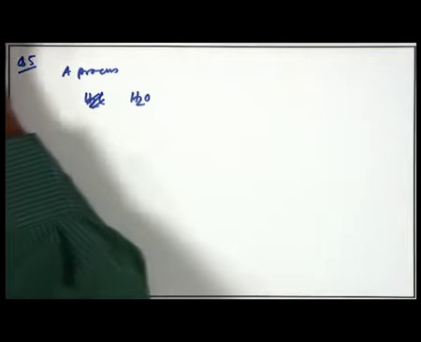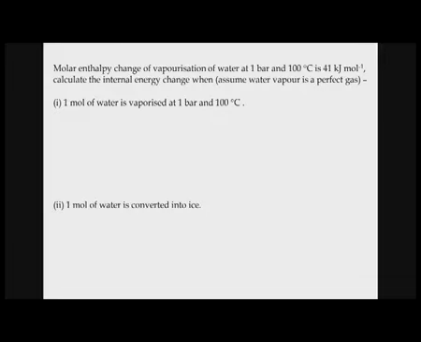The molar enthalpy change of vaporization of water at 1 bar and 100 degree centigrade is 41 kilojoule per mole. Calculate the internal energy change, and assume the water vapor is a perfect gas. This is from your textbook.